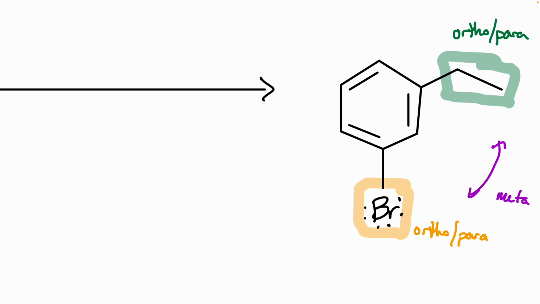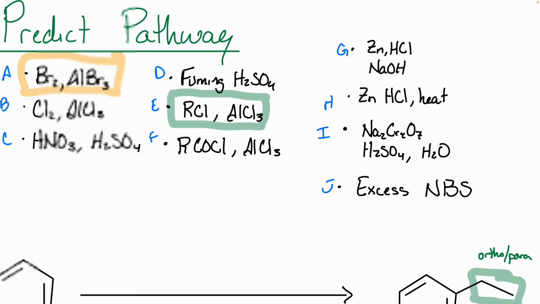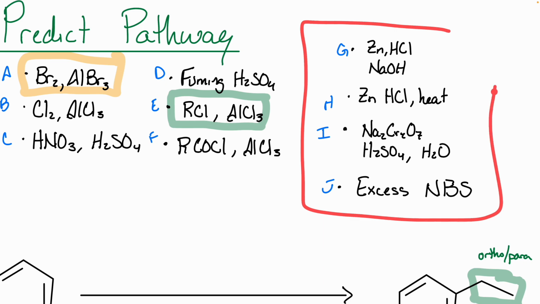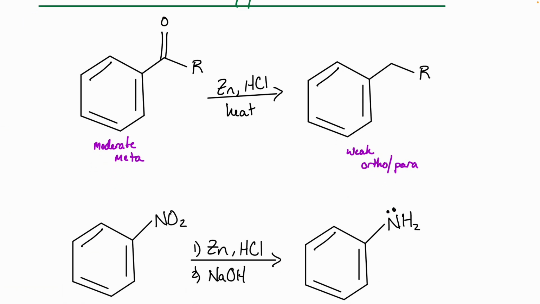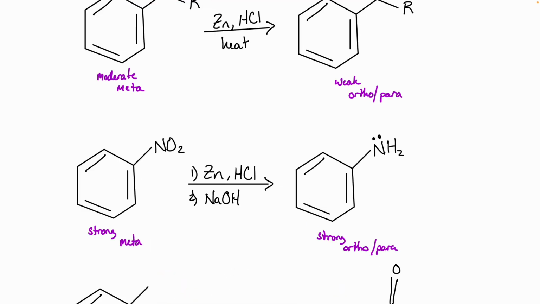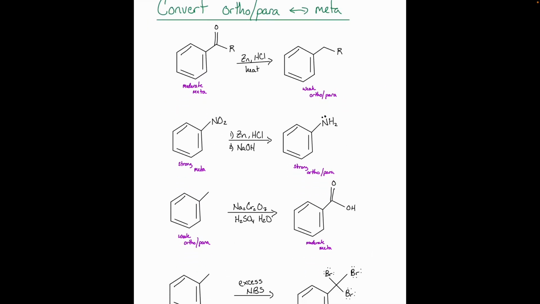All right, they're clearly meta to one another in my product. I've got these two ortho-para directors. This is how we know we're going to have to use one of those four reactions that we discussed at the beginning, one of these four reactions that would convert an ortho-para to a meta director, all right?